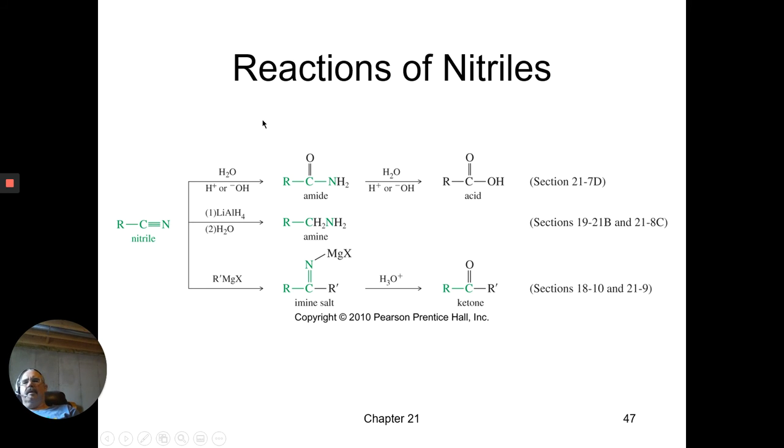Nitriles are included in this chapter because they can be hydrolyzed to carboxylic acids. The intermediate in this hydrolysis is a primary amide, which, of course, we saw earlier could also undergo hydrolysis. This is a reaction we've seen before. Nitrile can react with 1 equivalent of Grignard to form a ketone.